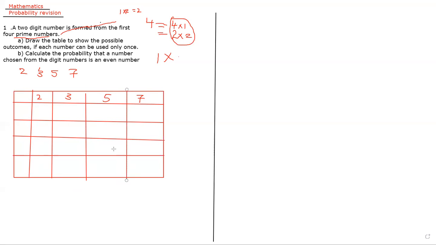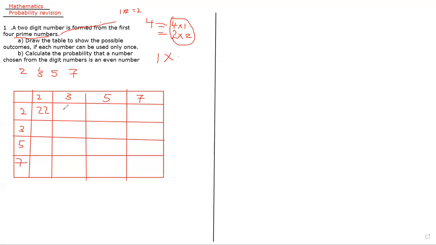But we are forming numbers. So when we write them going downwards, we also write 2, 3, 5, 7. So for us to form them, we just write 2, 2 the way they are here, because they haven't said sum or multiplication.